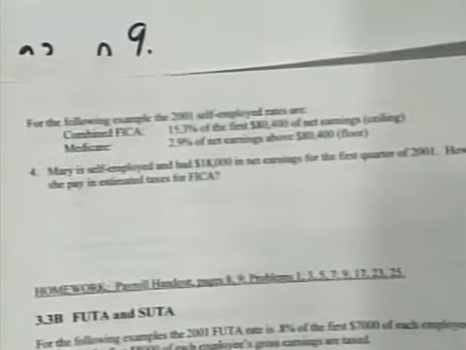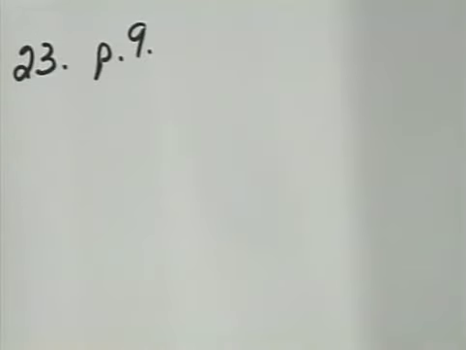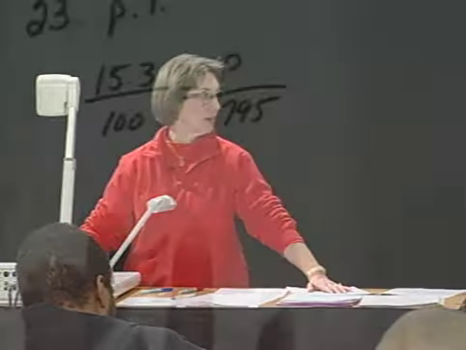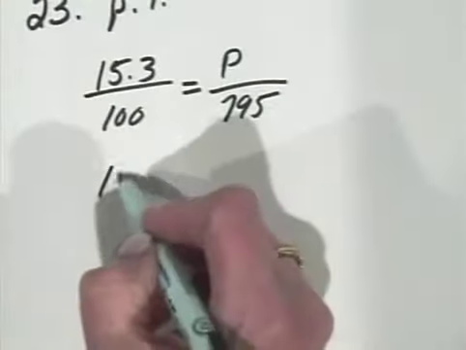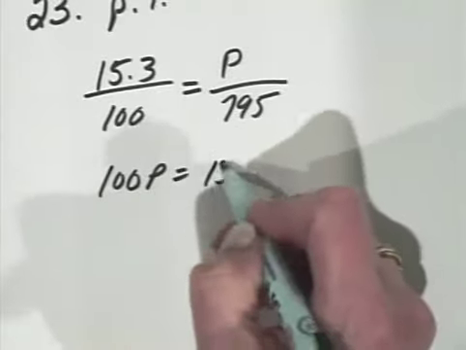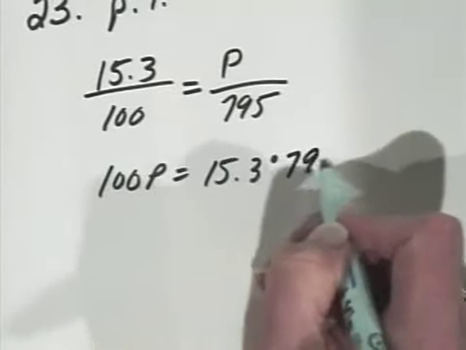So on number 23, depends on if you're going to do it as a proportion or as an equation. I kind of like the proportion. You'd set it up this way. 15.3 over 100 is the same as the part that she pays is to, and what was her total earnings? $795. If you set that up, cross multiply, you'll get 100p equal 15.3 times 795.